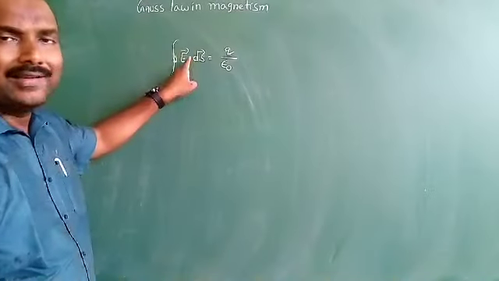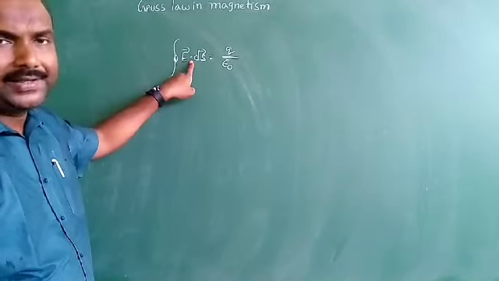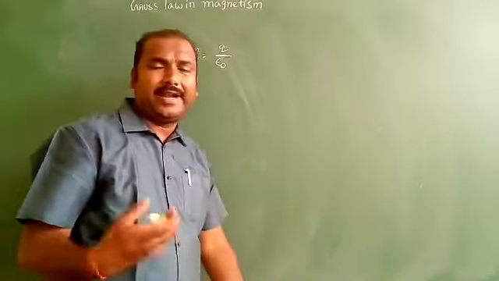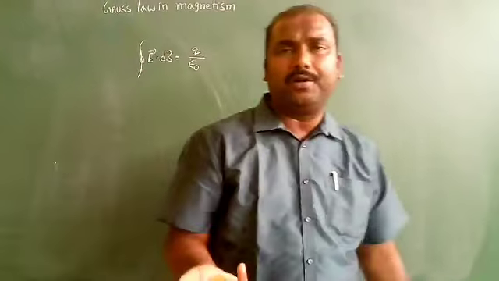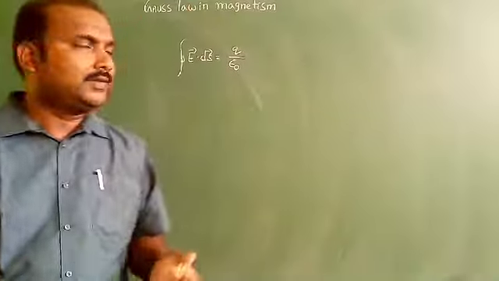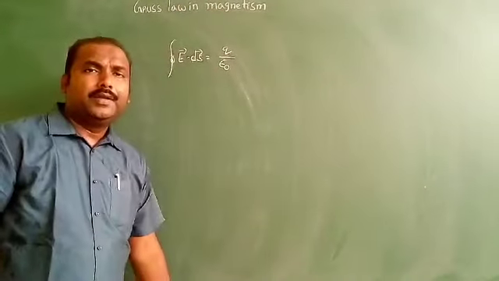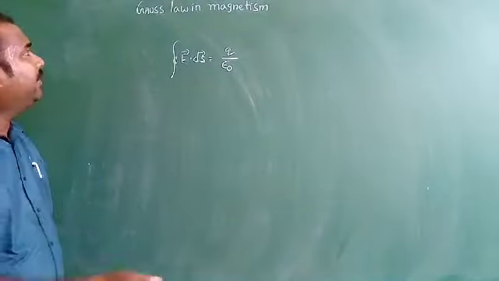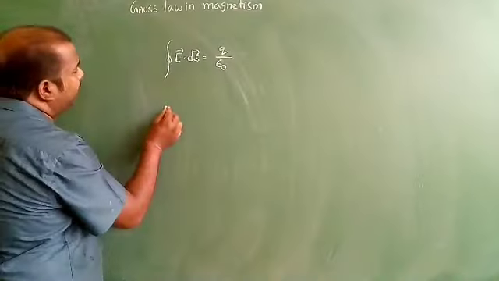This is the Gauss law in electricity. The net electric flux through any closed surface is equal to 1 by epsilon naught times the net charge enclosed by the surface. But the same concept in magnetism.